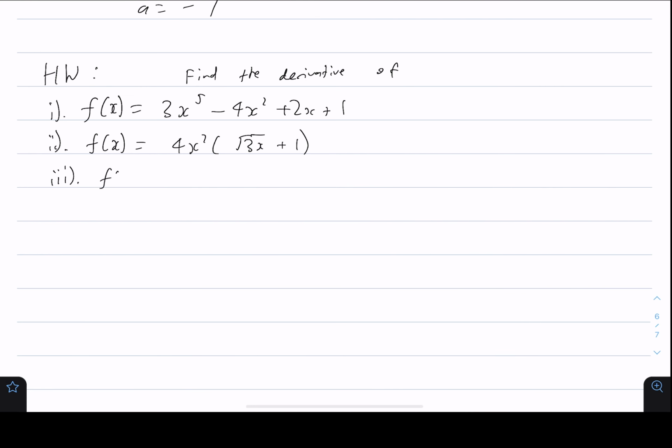And f of x equals 4a squared x cubed plus bx minus c, to the power 4, where a, b, c are constants.